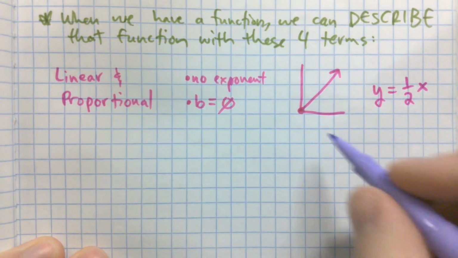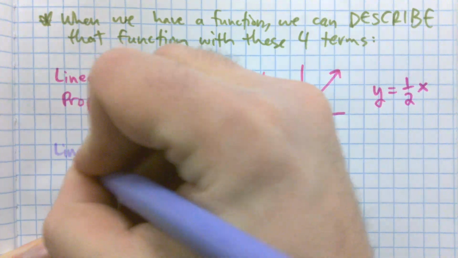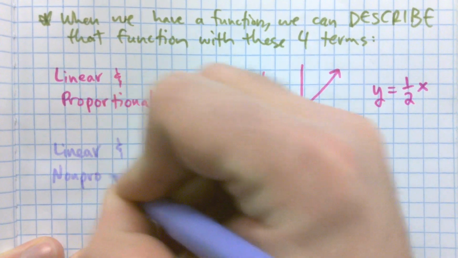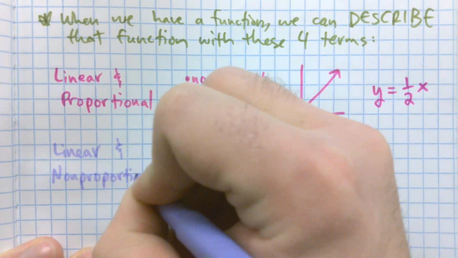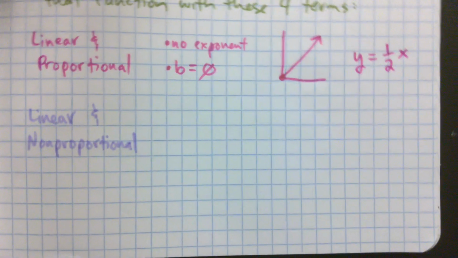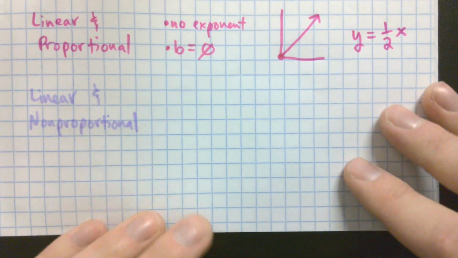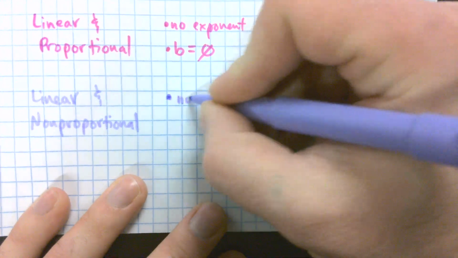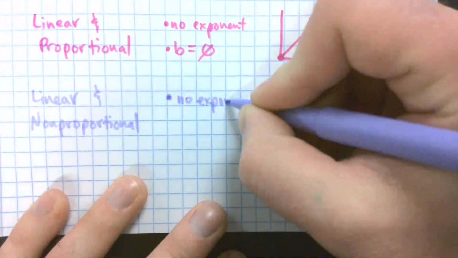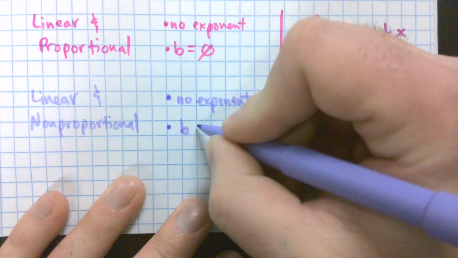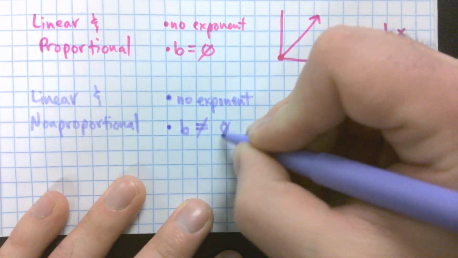All right. We could also have linear and non-proportional. If we have a function that's linear and non-proportional, there's still not going to be an exponent in our equation, but our b will not be equal to 0.